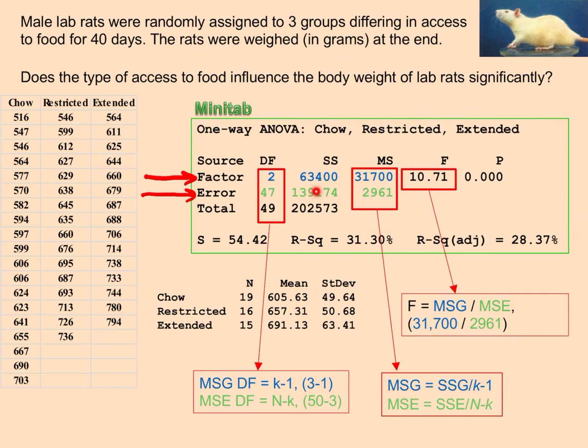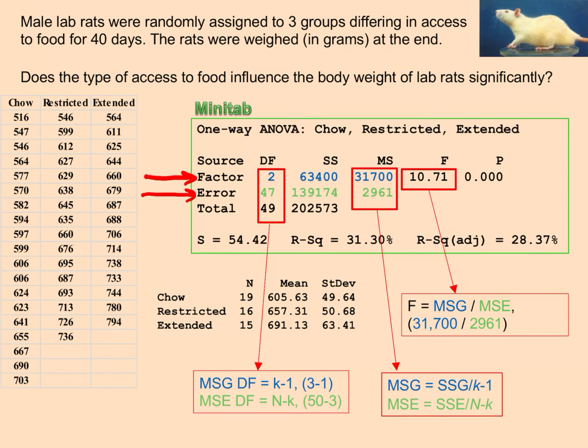So now we have our mean square for groups and mean square for error, calculated from our sums of squares for groups and error, and our respective numerator and denominator degrees of freedom. That leads us to calculate F. I'm pointing these out here because you may well have an incomplete ANOVA table on your exam, and you will need to fill it in. That means you have to understand the relationship between these numbers.